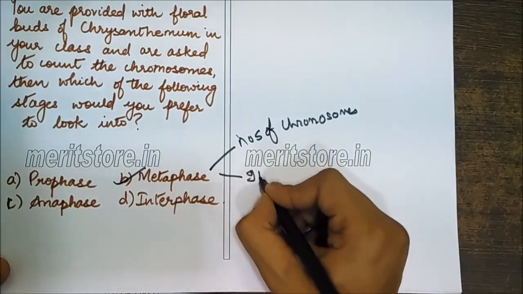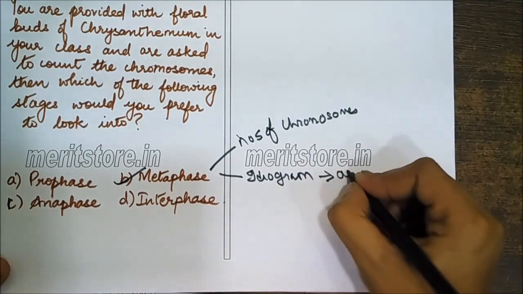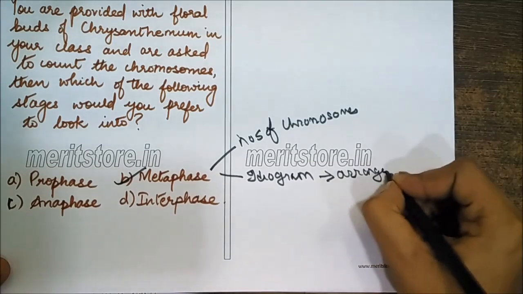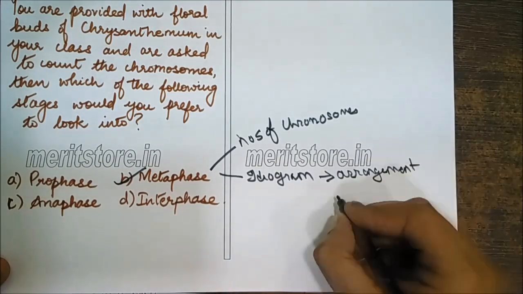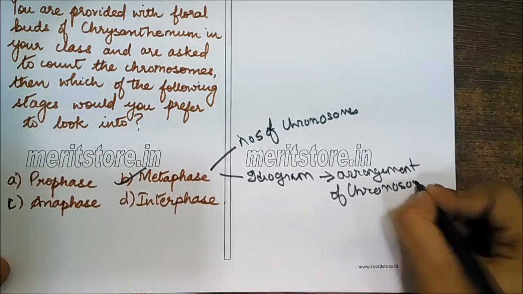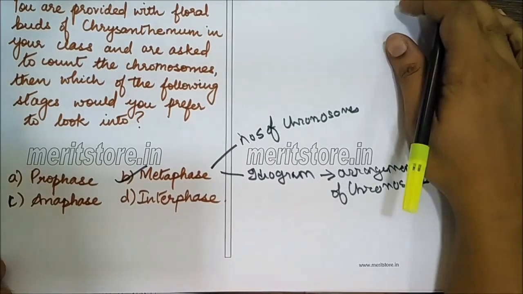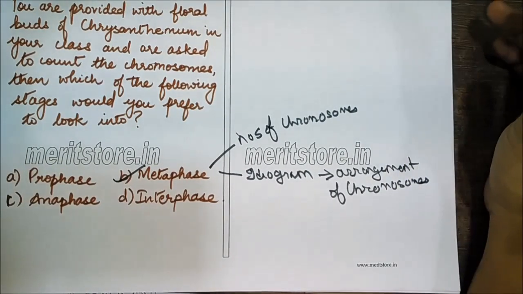The morphology can be very easily studied in metaphase, as the chromosomes are aligned in the equator.